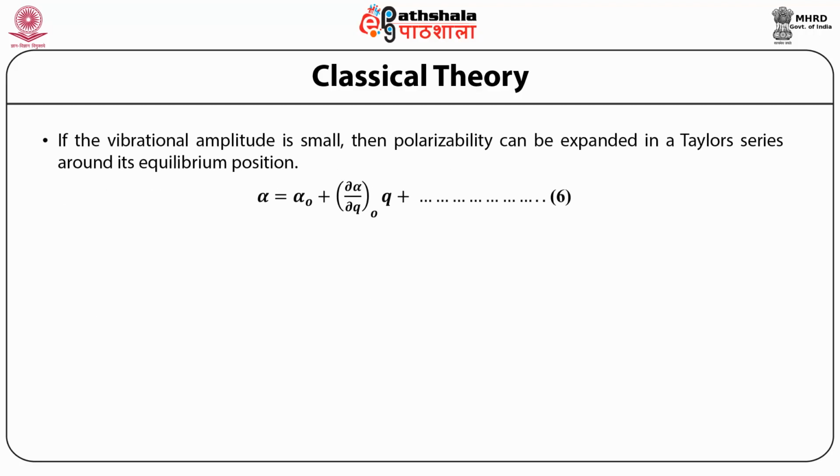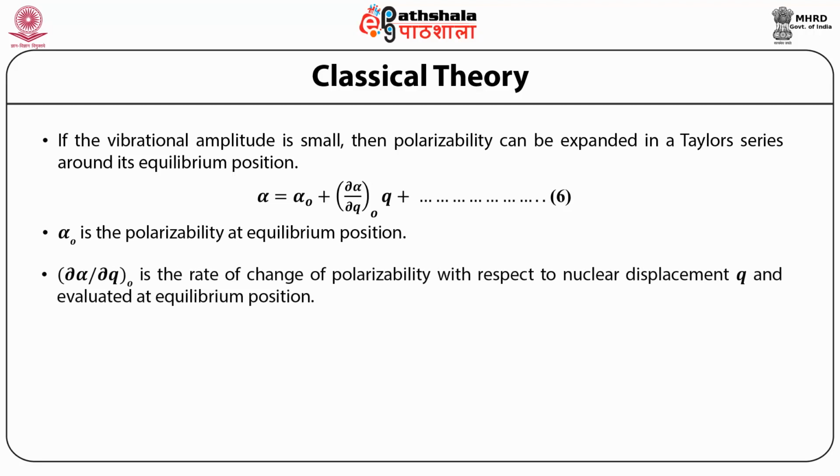If the vibrational amplitude is small, then the polarizability can be expanded in a Taylor series around its equilibrium position. α = α0 + (∂α/∂Q) Q plus the higher order terms. α0 is the polarizability at the equilibrium position, and ∂α/∂Q at Q = 0 is the rate of change of polarizability with respect to the nuclear displacement Q, evaluated at the equilibrium position.